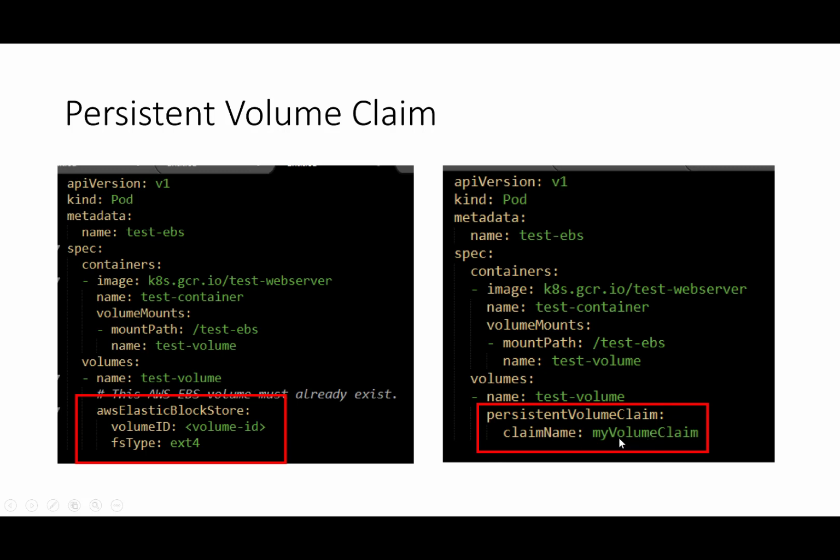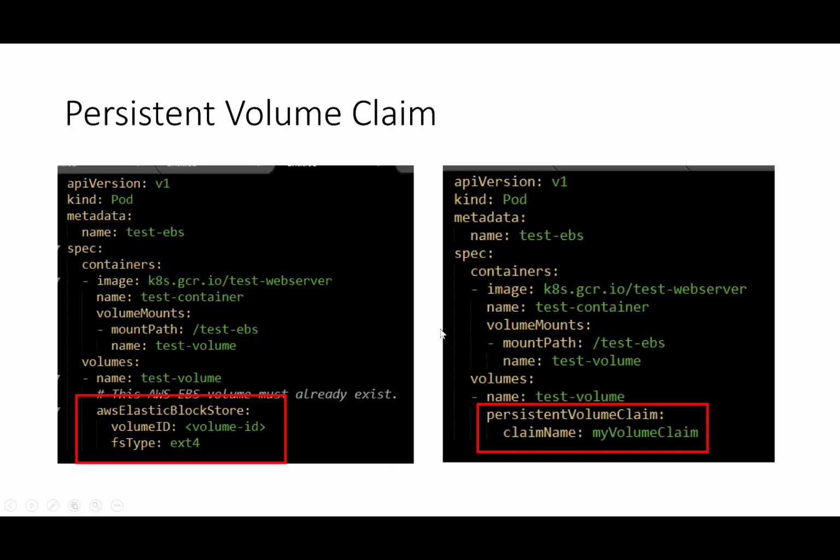You just give a name for the persistent volume claim, and in the volume claim, you provide what kind of storage you want. All these technical details, you leave it up to either the administrator or the Kubernetes cluster itself to figure it out.